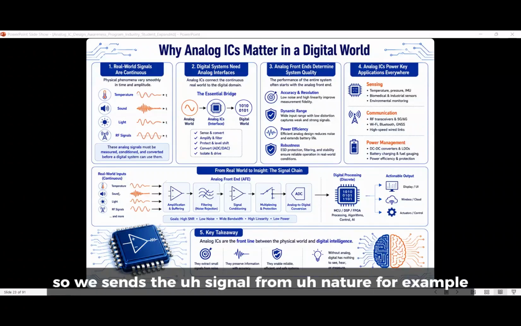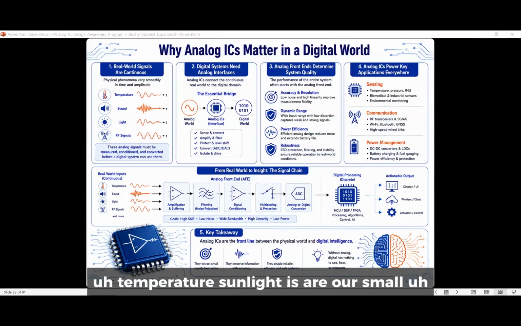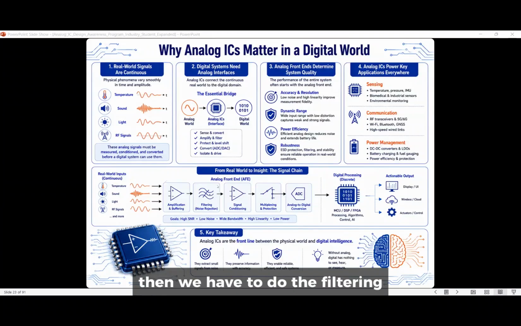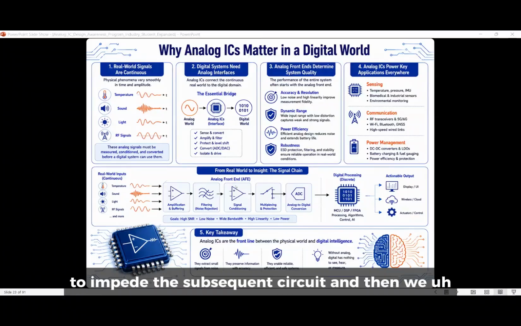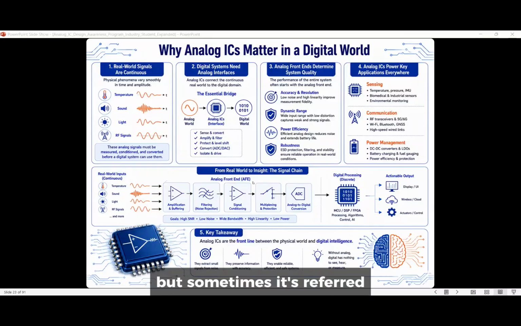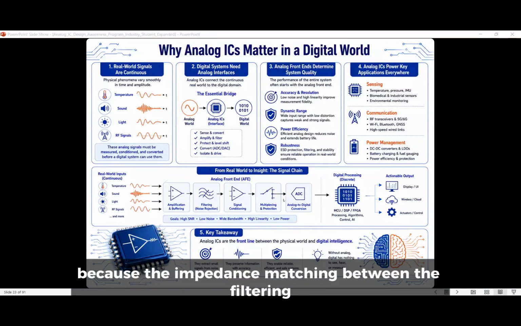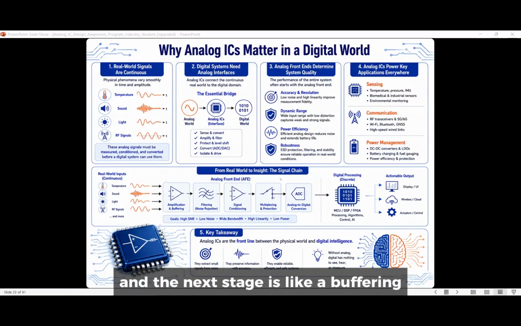So we sense the signal from nature, for example temperature, sound, light, which are small signals. In the first stage we have to amplify, then do the filtering to prevent interference to the subsequent circuit. And then here is signal conditioning, but sometimes it is referred to as buffering, because the impedance matching between the filtering and the next stage is like buffering.